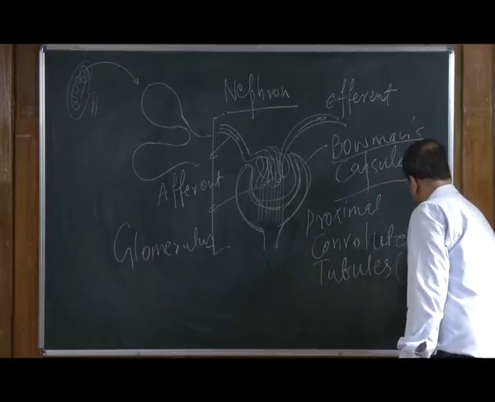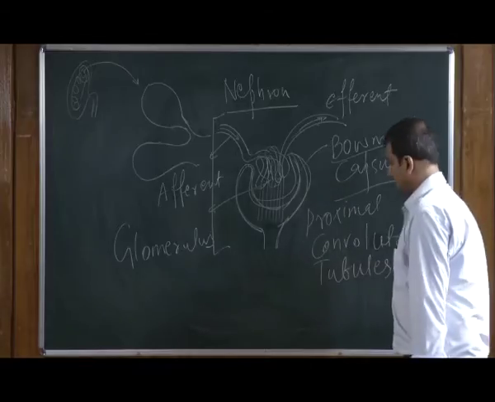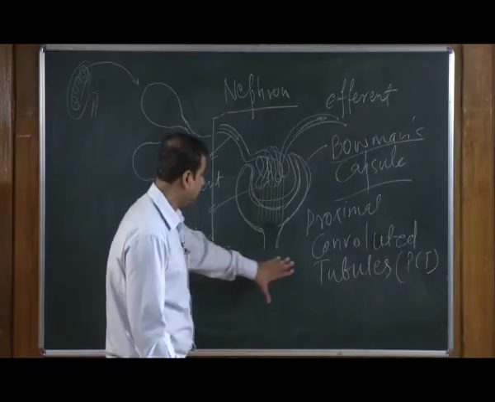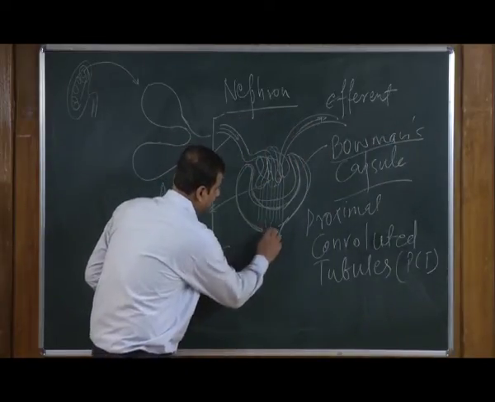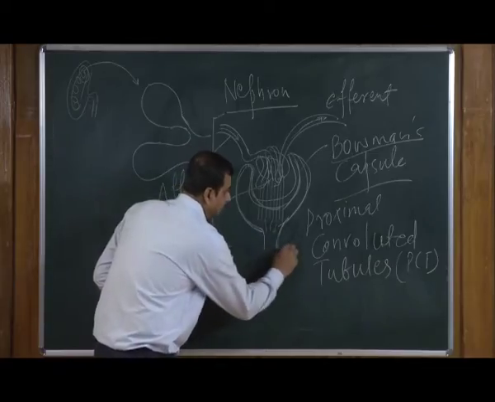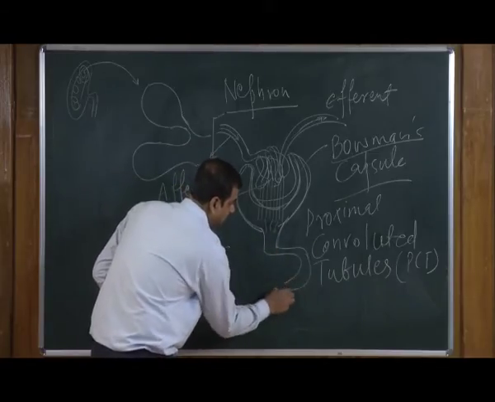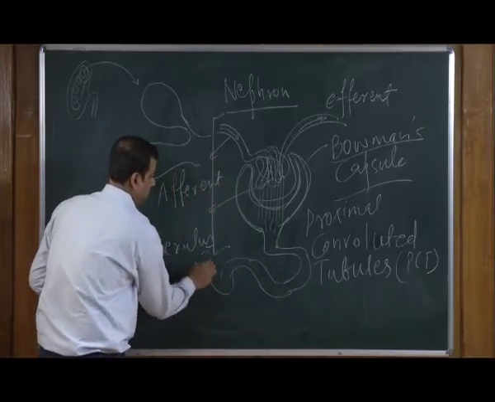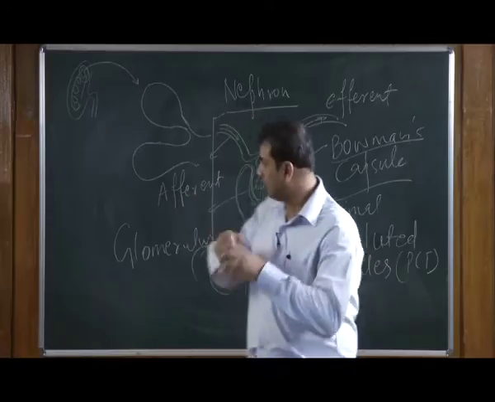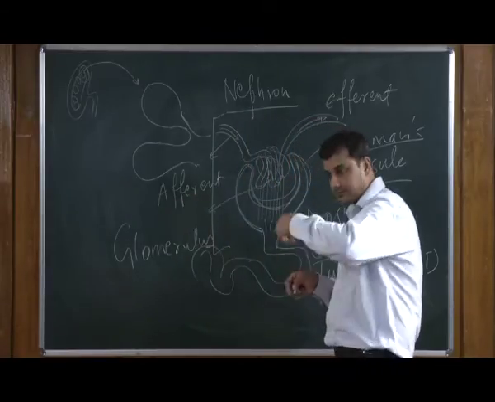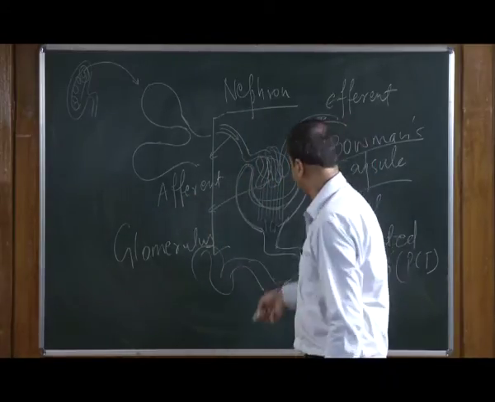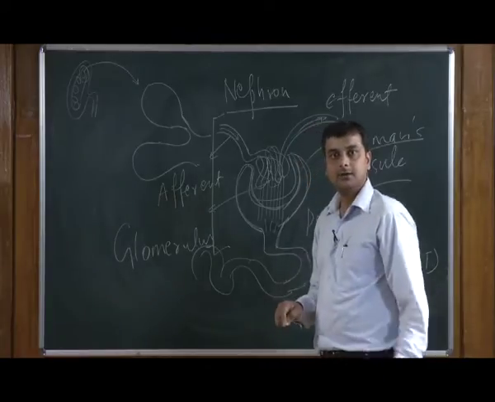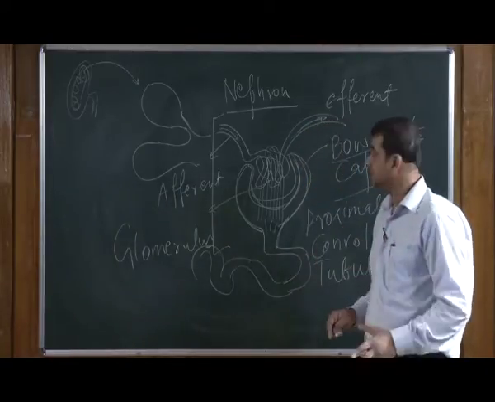In short, we will simply say PCT. These are collecting all the urine here. There is a lot of convolution, with lots of circular waves, and that is why they are called proximal convoluted tubules, PCT.